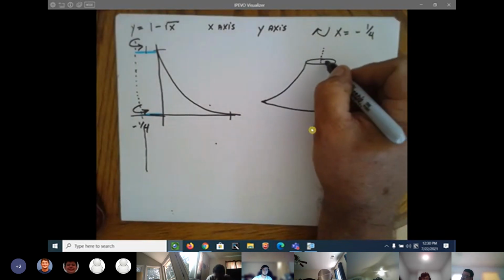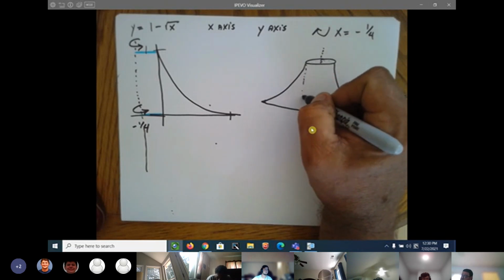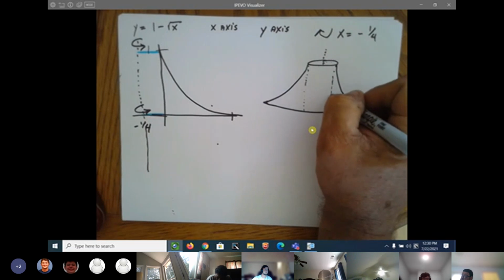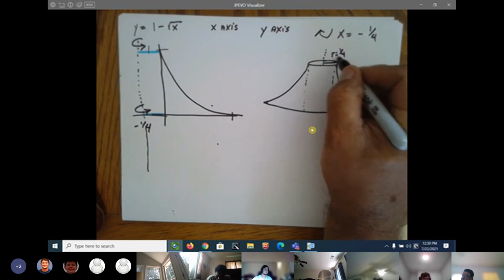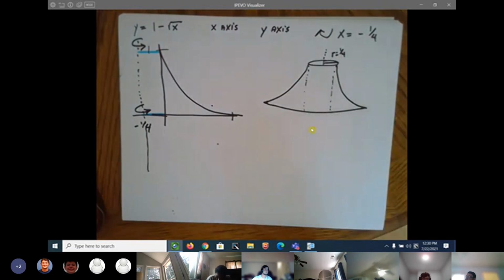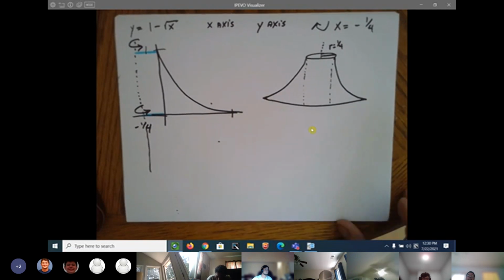Because the radius technically is 1/4, right here with this inside. So hopefully you see some idea of what it looks like.